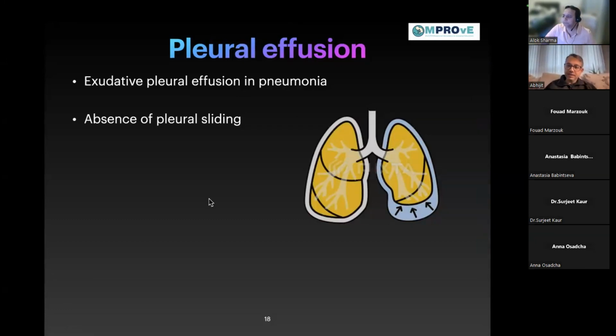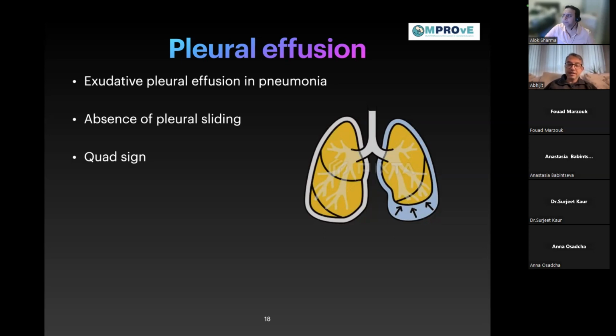And why is that? Because your pleural effusion is in between your visceral pleura and your parietal pleura. Those are separated by your pleural effusion, so you're not going to see the sliding.